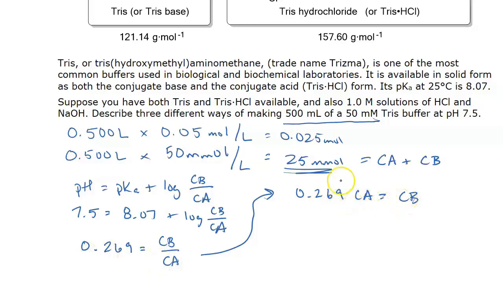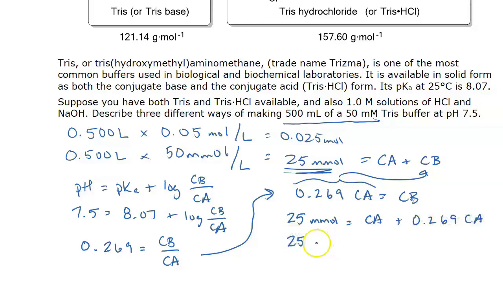Now I'm going to plug this in for the conjugate base. So 25, remembering millimoles. I'll just go ahead and write it. So 25 millimoles is equal to 1.269 conjugate acid, and then take 25 divided by that last number, which I've kept in my calculator, and I get 19.70 millimoles.